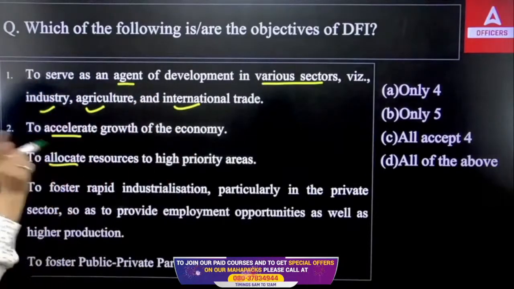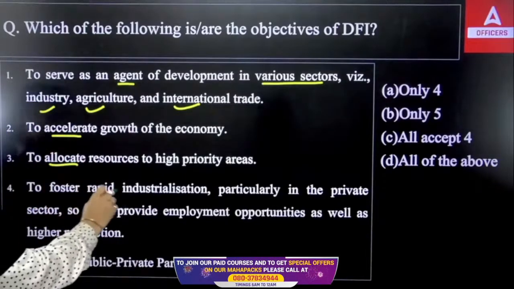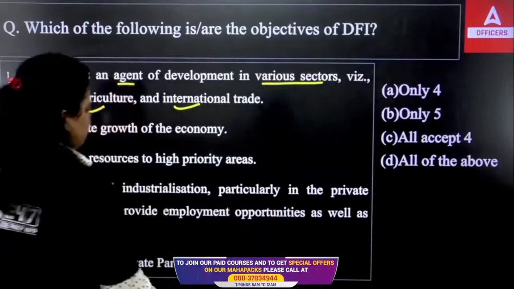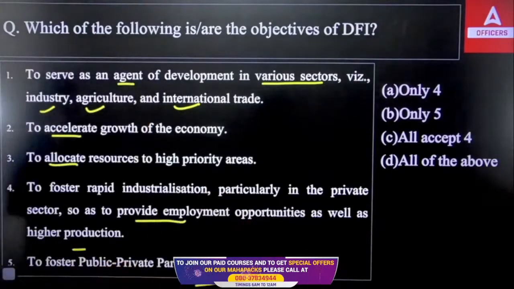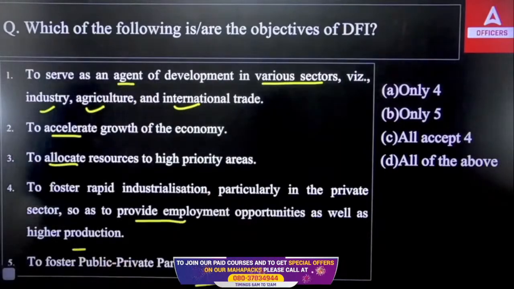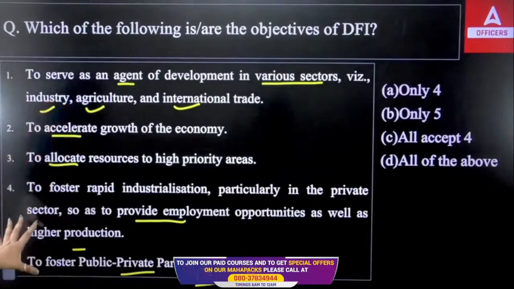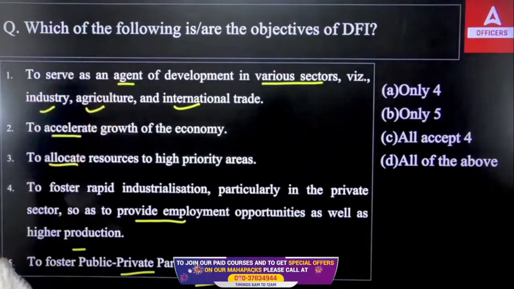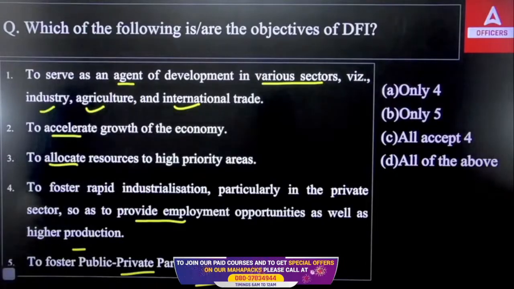Third, to allocate resources to high priority areas. Fourth, to foster rapid industrialization, particularly in the private sector, so as to provide employment opportunities as well as higher production. Next, to foster public-private partnership. Out of these, you have to tell which are the objectives of a development financial institution.